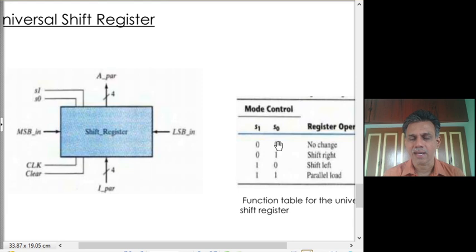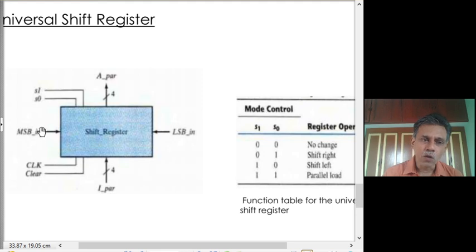This is an arbitrary assignment based on our design decision. Let us say when both S0 and S1 are 0, 0, we want no change to occur in the register content. If it is 0, 1, we want shift right operation. When it is 1, 0, we want shift left. When it is 1, 1, we want parallel load.